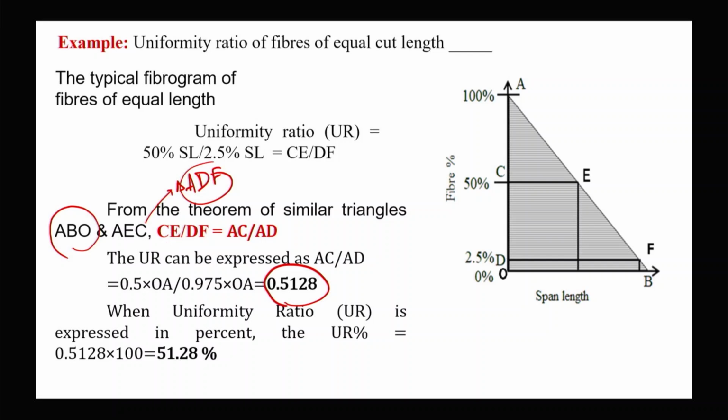So CE, which is 50% span length, and DF, which is 2.5%, this is uniformity ratio, AC by AD. Between this we will get the uniformity ratio.